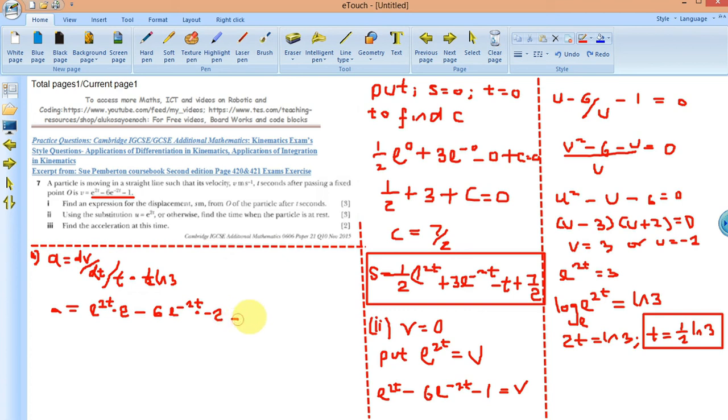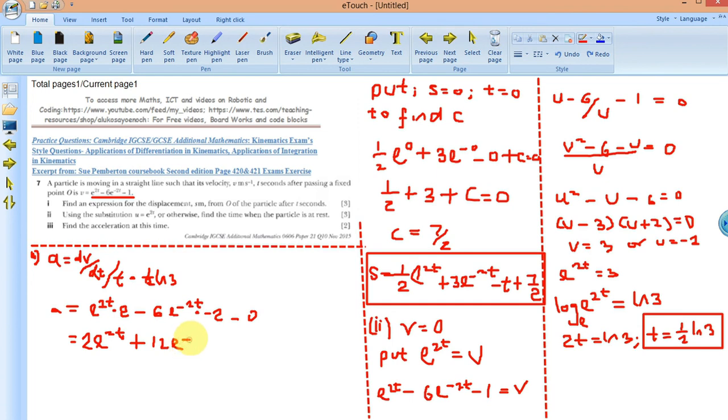So now what do you have here? Acceleration equals 2 exponential 2t. Okay. So minus 2 times minus 6, that is plus 12 exponential minus 2t, plus 0. So you can ignore that.